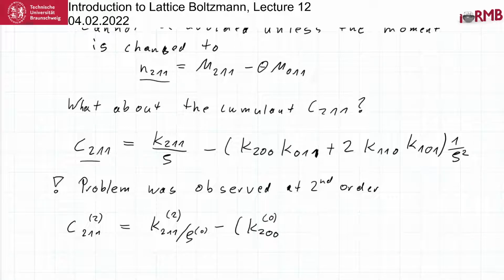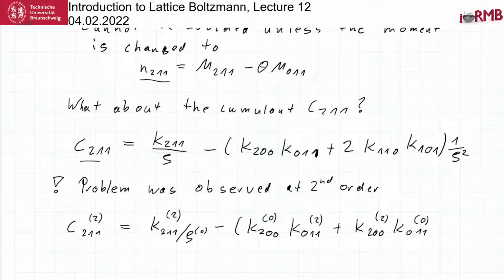We could have this to the 0 order and K011 to the second order, which gives in product the second order, or we could have K200 to the second order times K011 to the 0 order.